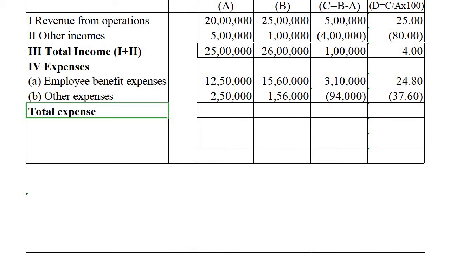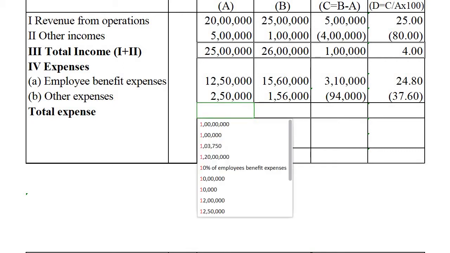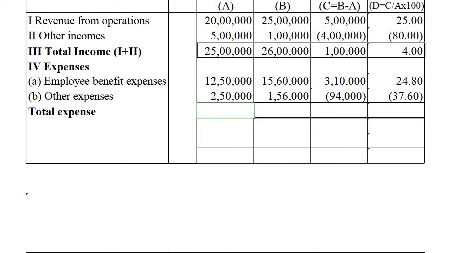Now let us add the total of all expenses. Total expense we will get here. For the base year it is 15 lakh, so 15 lakh will be written.